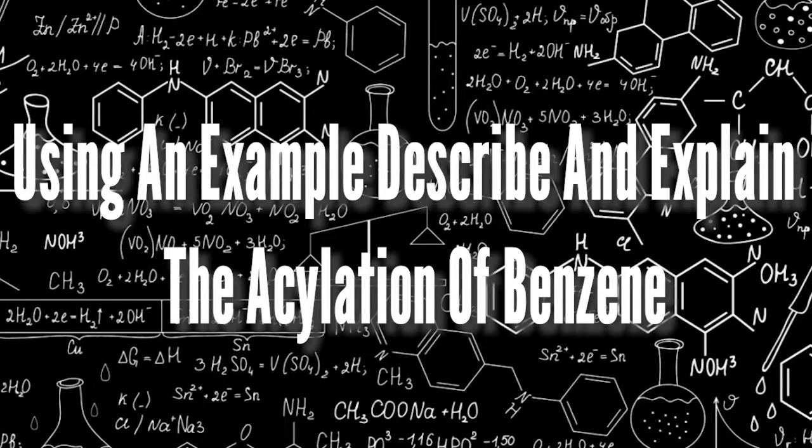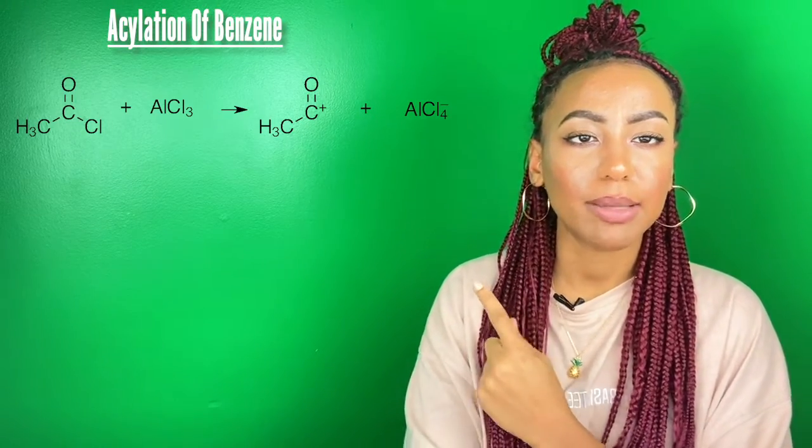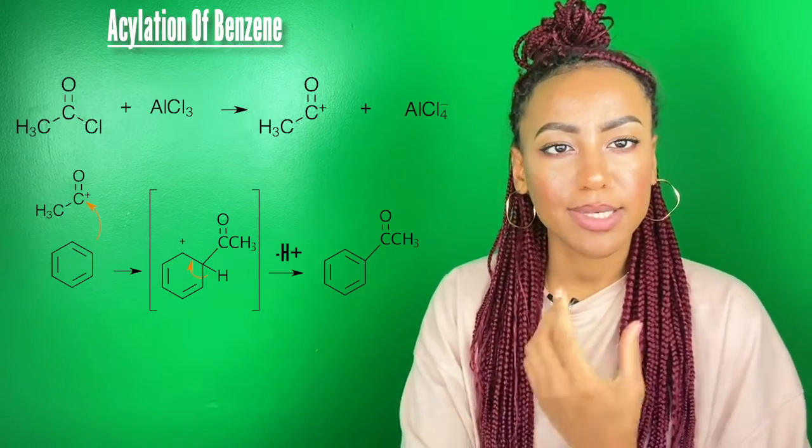21. Using an example, describe and explain the acylation of benzene. Let's use the reaction of benzene with acetyl chloride to show this. So acetyl chloride reacts with the catalyst, aluminium chloride, to generate the acylium ion, i.e. the electrophile.